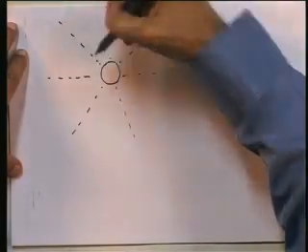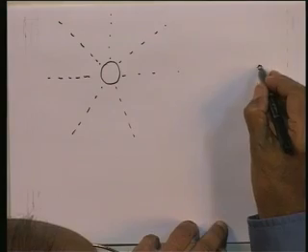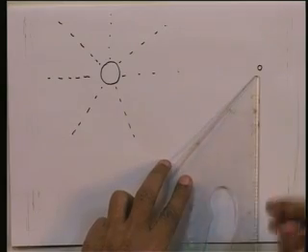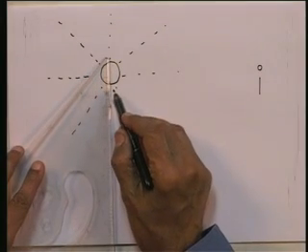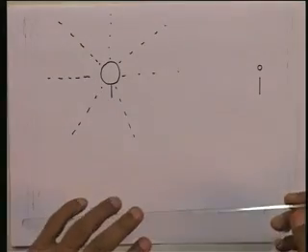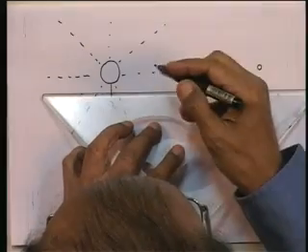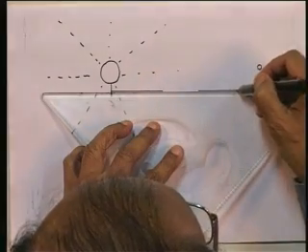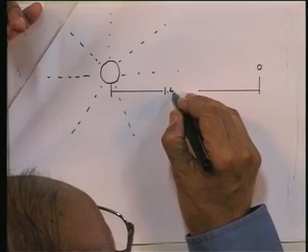And let us say this is the earth here. Okay. We are told that the average distance between the sun and the earth is 1.496 into 10 to the 8 kilometers.